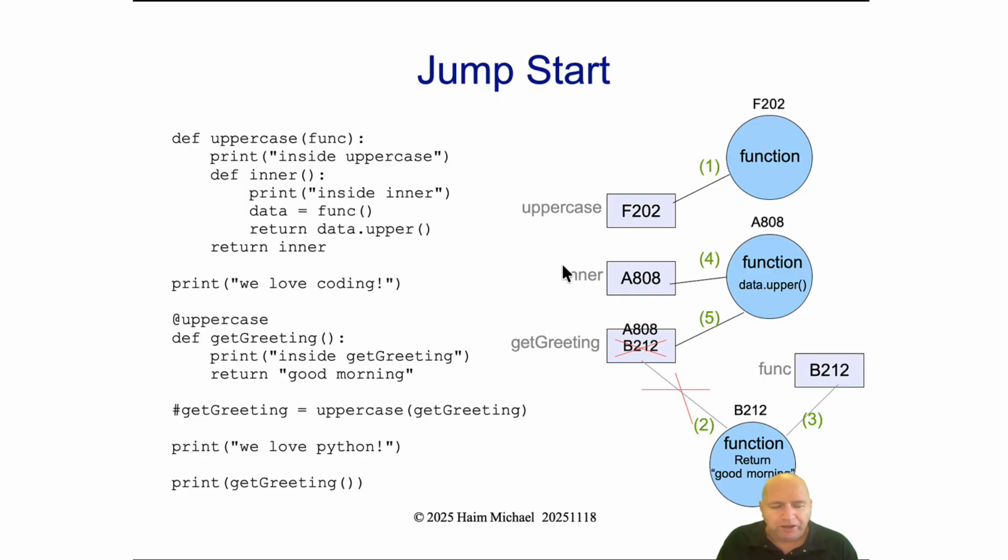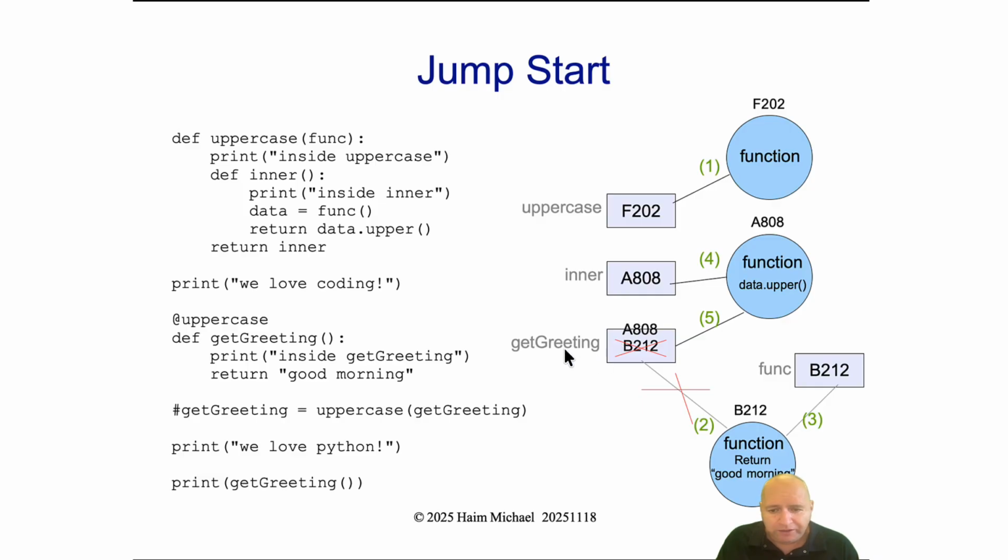And then we also have the inner function. So inner is another variable that holds the reference to the inner function. This is the function that actually invokes the original getGreeting, the original decorated function, and takes whatever is the output and turns it into uppercase.